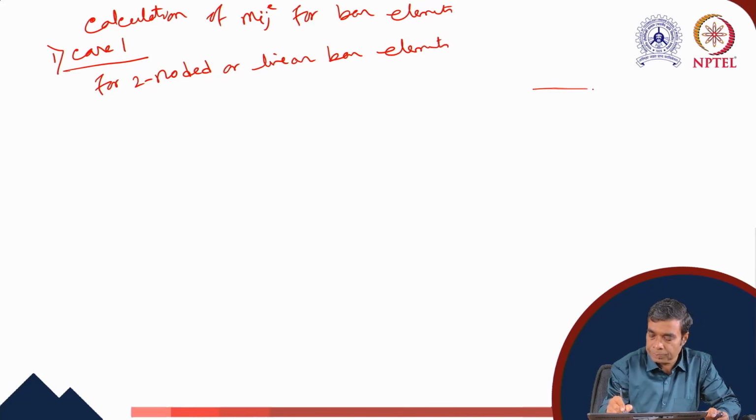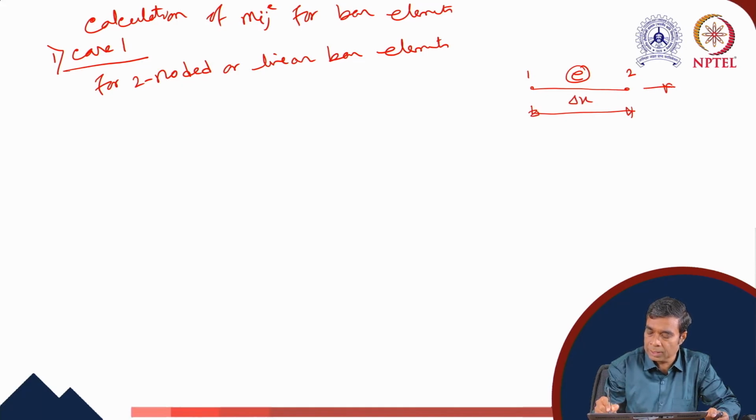So we have a two-noded bar element. This is element E with local nodes 1 and 2. Its mesh size is delta x. This is in the global coordinate system x.